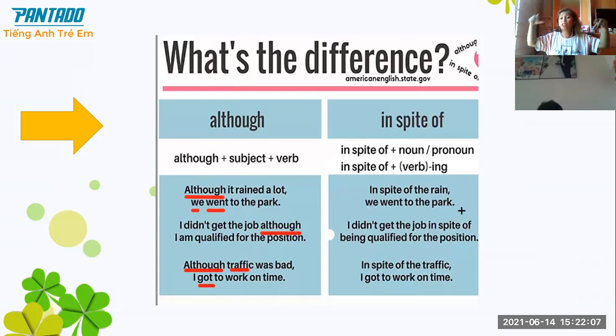They still went to the park. You understand me, Tab? Yes. Okay, generally, although and in spite have the same idea, expressing contrast.